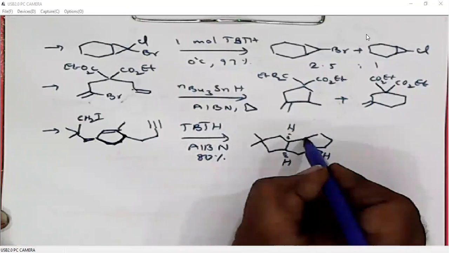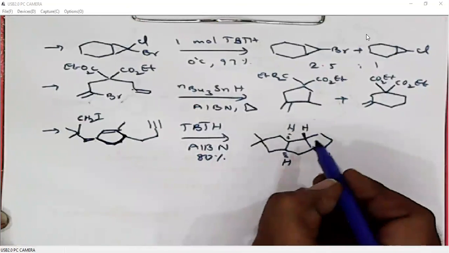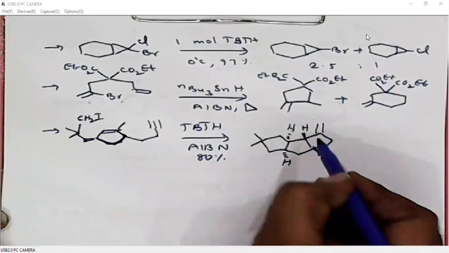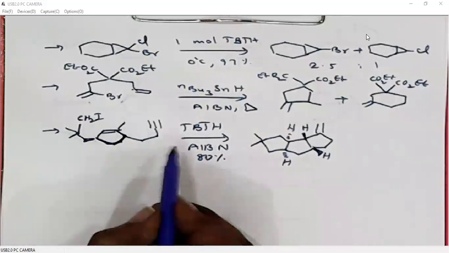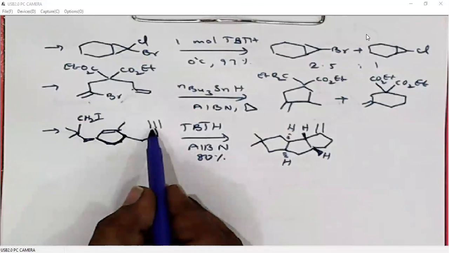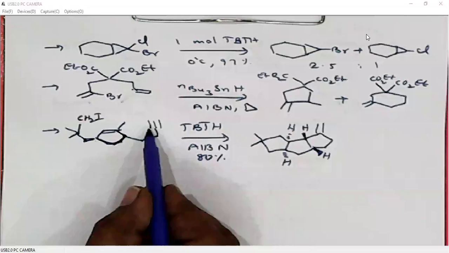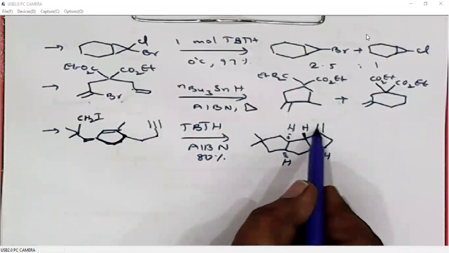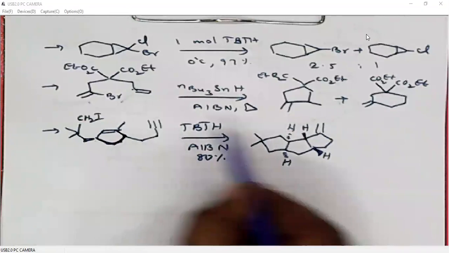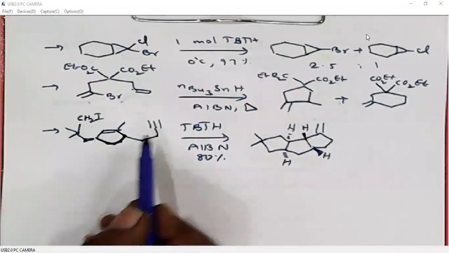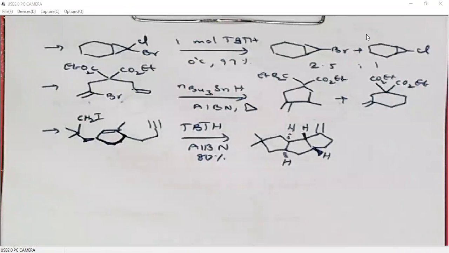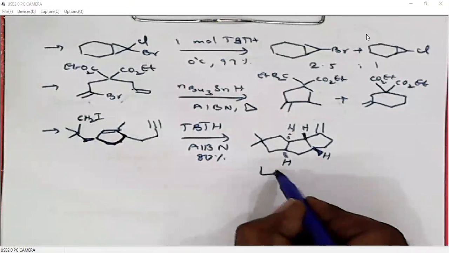So that means the two hydrogens will be above the plane to have minimal steric repulsions, because only one double bond is undergoing reaction in cyclization, other two double bonds. So triple bond is converted to double bond. So that means we can have tandem cyclizations. Only thing is we need proper functional groups placed at proper places. This is called linear triquinane.